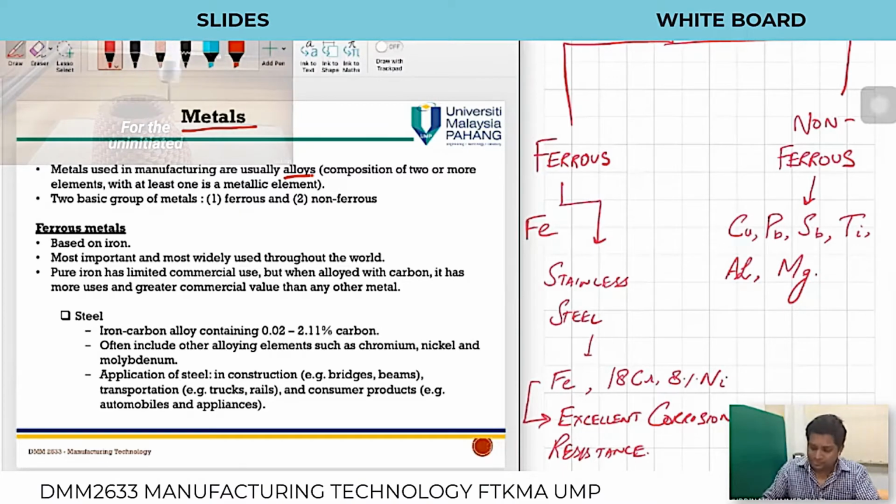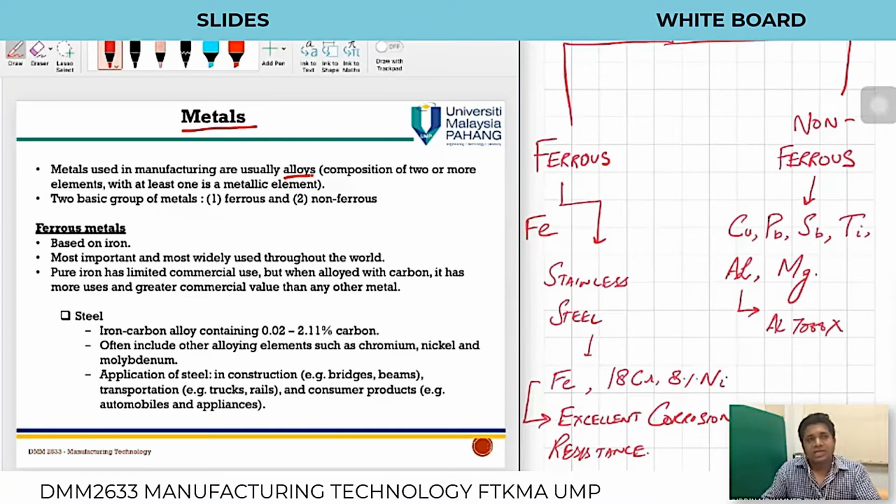Now let's talk about aluminum. If I talk about aluminum 7000 series, it means that it has 2 to 4% zinc. So Al plus I add zinc, Zn.